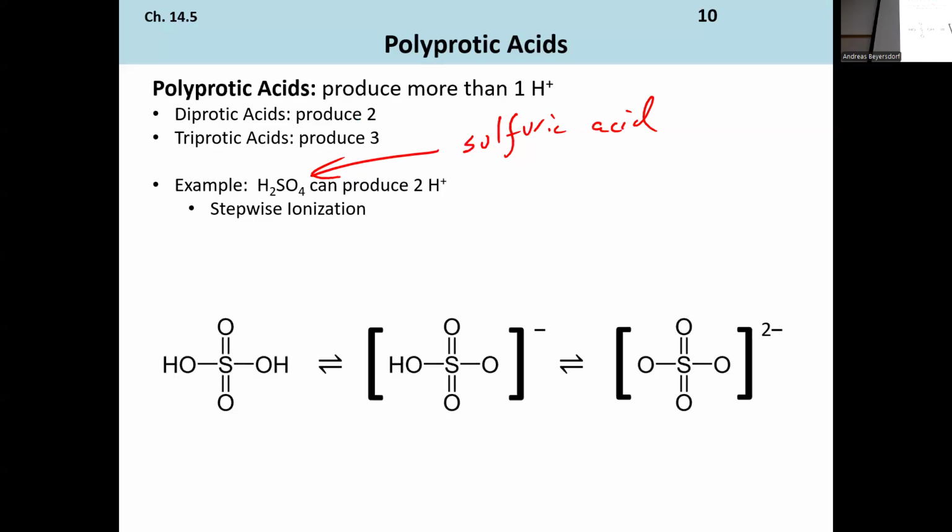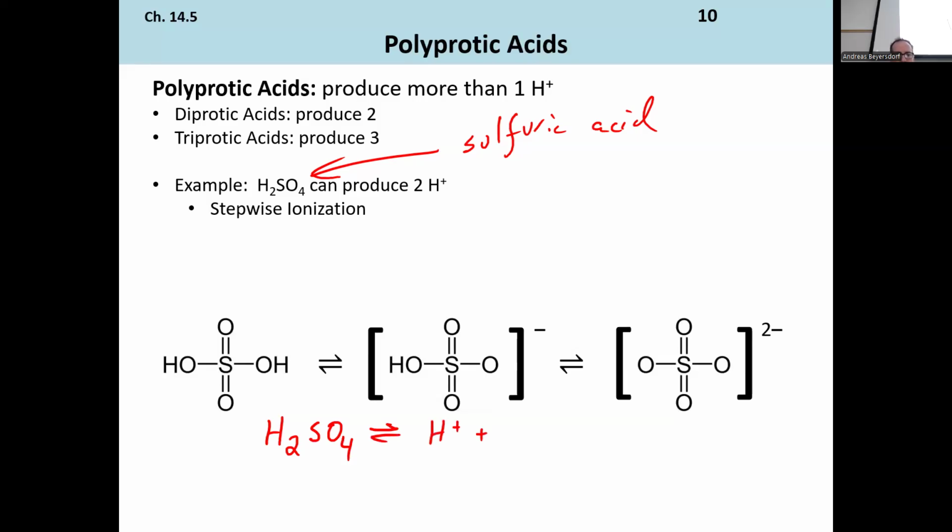How does it do this? Well, it does this in stepwise ionization. That means it doesn't do it all at once. So first, H2SO4 will lose one H+.